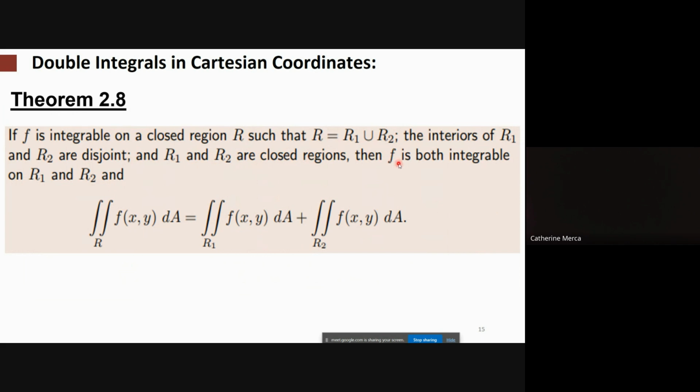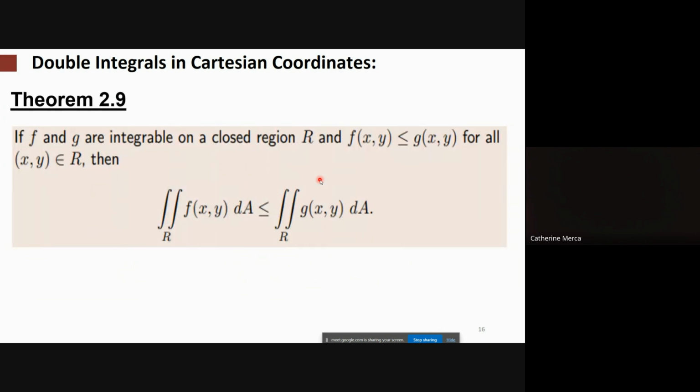Then as long as f is integrable on both R1 and R2, you can take the double integral as the first region evaluated with that function dA, plus the second region evaluated with that function, as long as the regions are disjoint and they are closed regions.